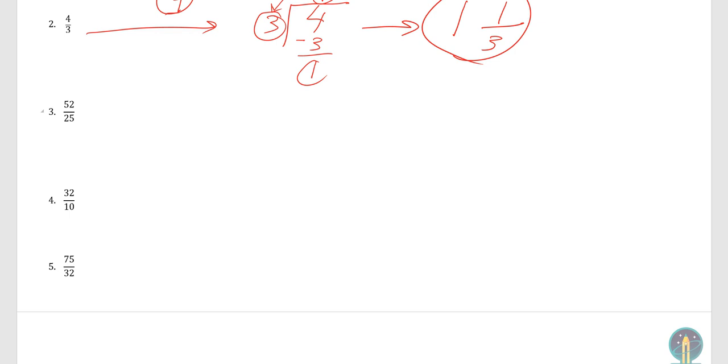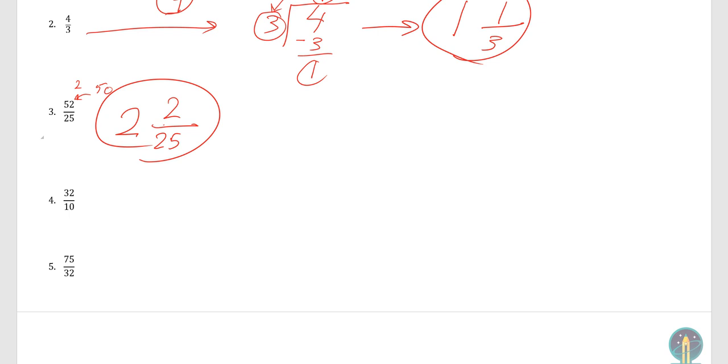The answer is there's 2 of them. So that becomes your whole number. 2 times 25 is 50, but I need to go to 52 now. So what is the remainder? The remainder is 2. So you write it up here, divided by the original denominator, which is 25. See, I just did it in like 5 seconds.